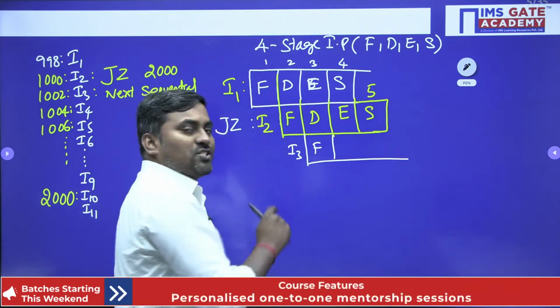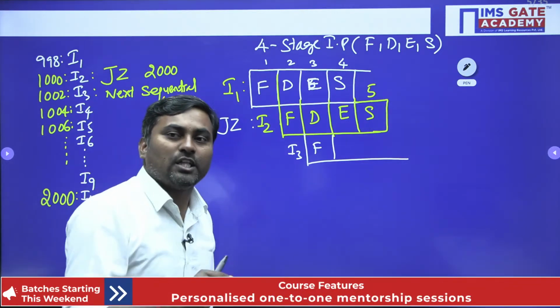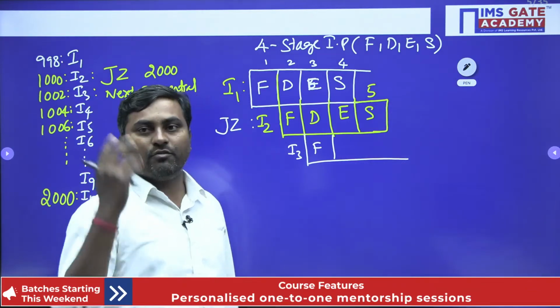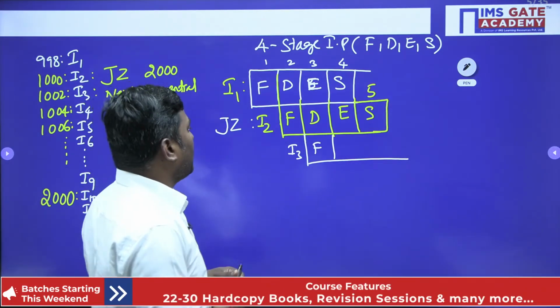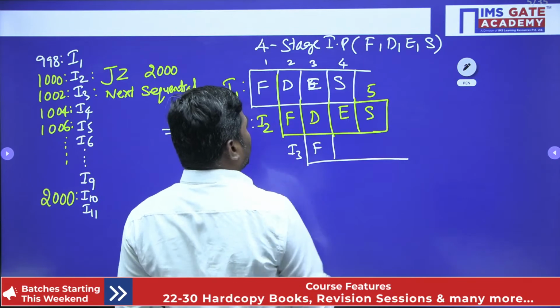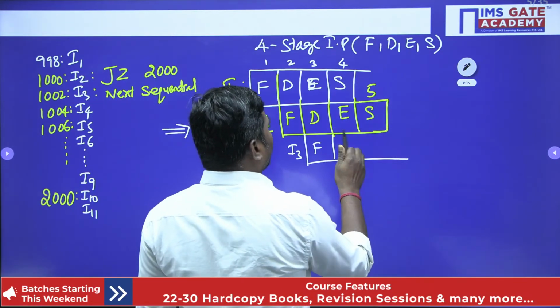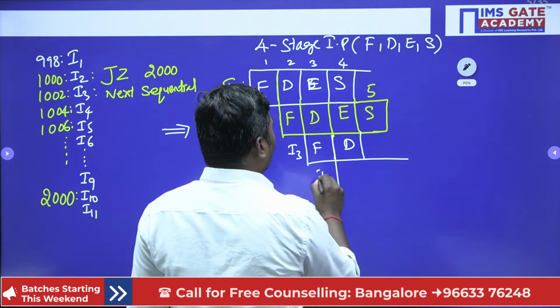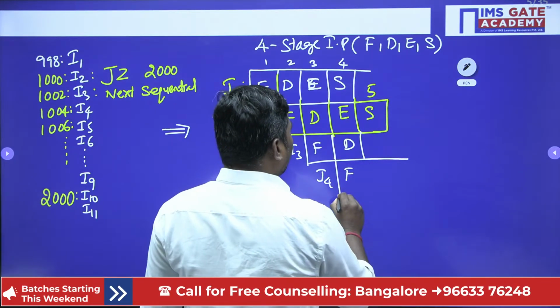So after instruction I2, we should run instruction I3 or I10, based on the Z value only. But by the time, what happened? When you were executing I2, I3 was being decoded. Similarly, I4 also got fetched, yes or no?